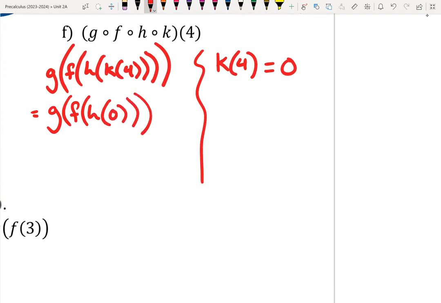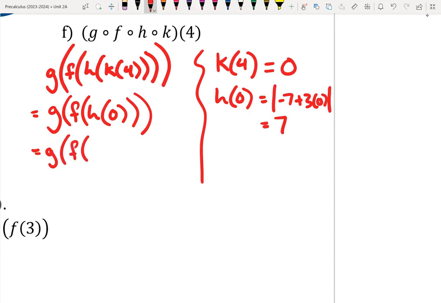Make sure I have all my parentheses. All right, so what do we do next? H of 0. So what is H of 0? Negative 7 plus 3 times 0. So what does that equal to? All right. So now we know that that is G of F of 7.